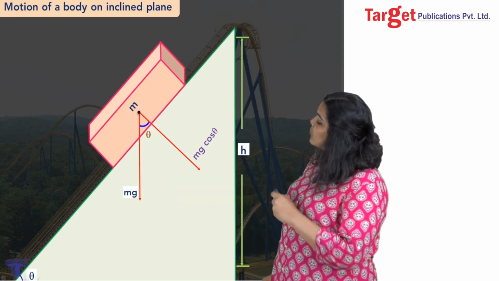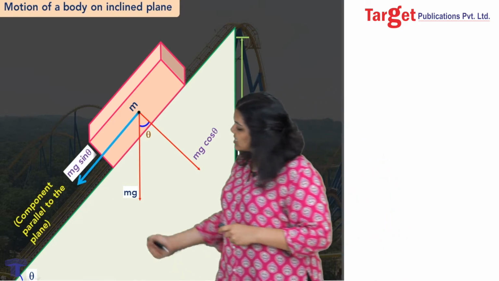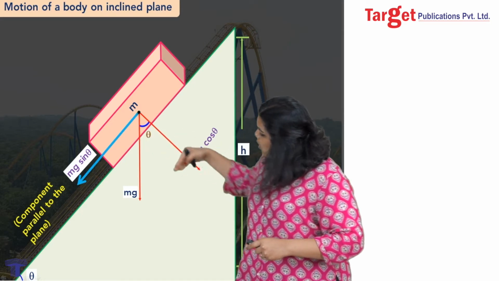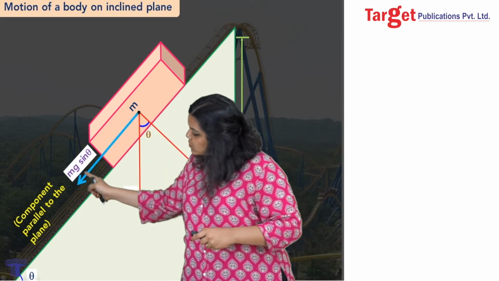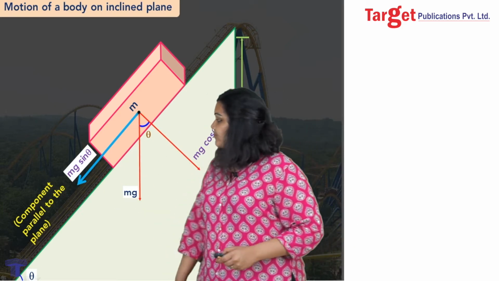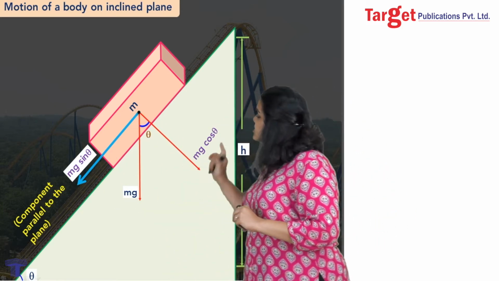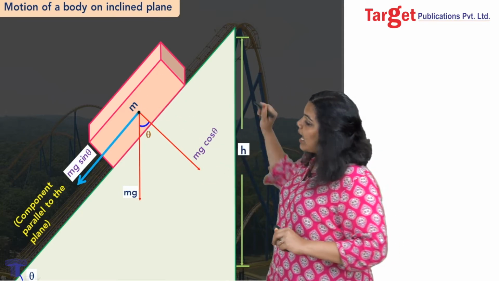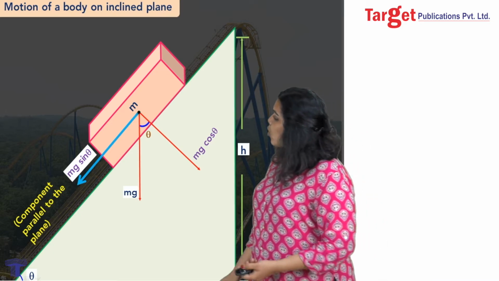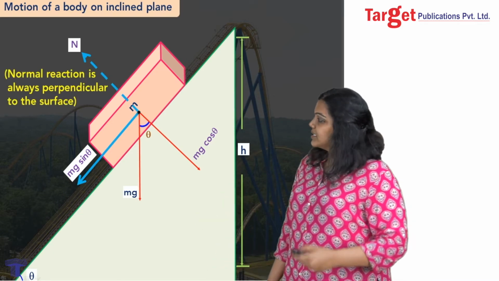Similarly, I can have a component parallel to the plane, and that is going to be mg sin theta, because if I draw this triangle completely, it's the opposite side, and therefore this is mg sin theta, the component of the weight parallel to the plane. So I have resolved the weight into two perpendicular components, one perpendicular to the plane and the other parallel to the plane. The next force that I have to draw acting on my object is nothing but the normal reaction.